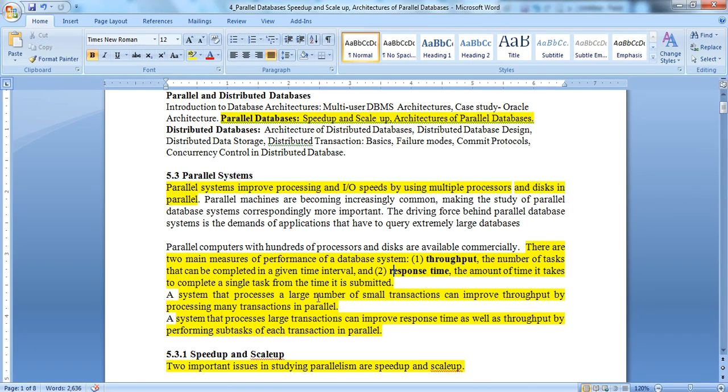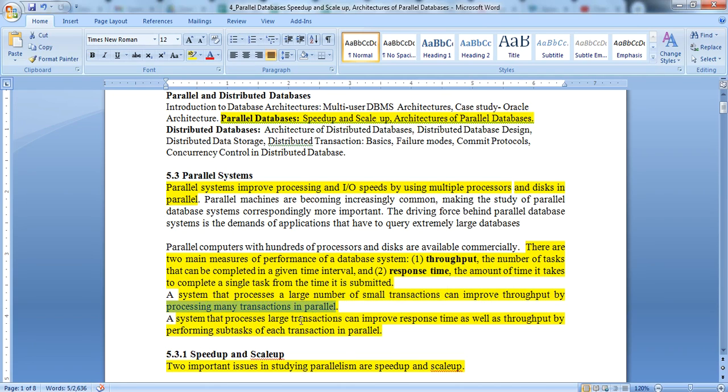A system that processes a large number of small transactions can improve throughput by processing many transactions in parallel. That means if we provide small tasks, the system can improve the throughput by processing many transactions in parallel.